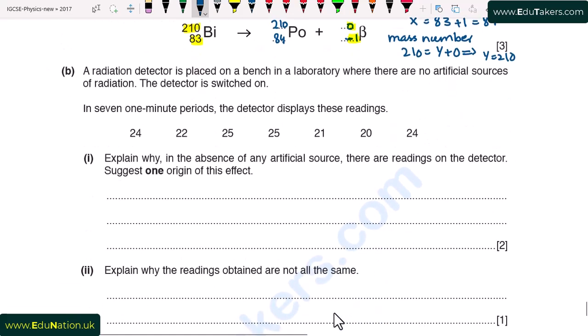Part B. A radiation detector is placed on a bench in the laboratory where there are no artificial sources of radiation. The detector is switched on.